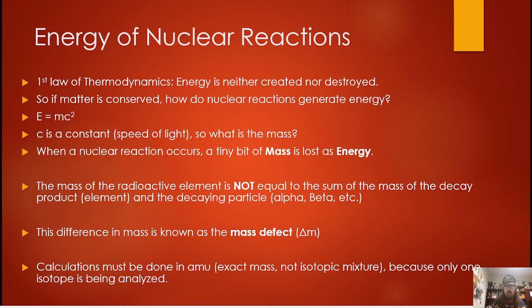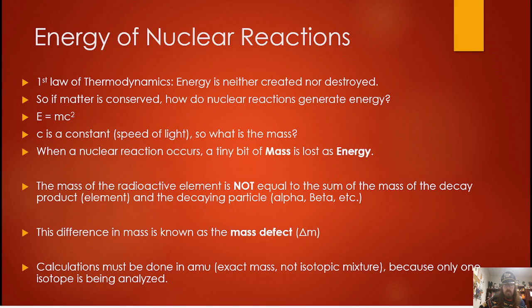I mean, in the short run, yes, if you round everything, they are equal. But in the long run, if you take things out to their umpteenth decimal place, you can see there is a small mass defect between these.